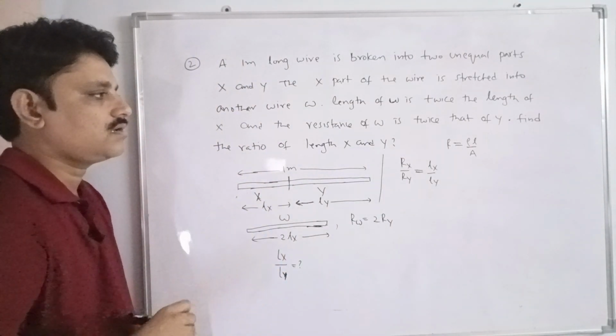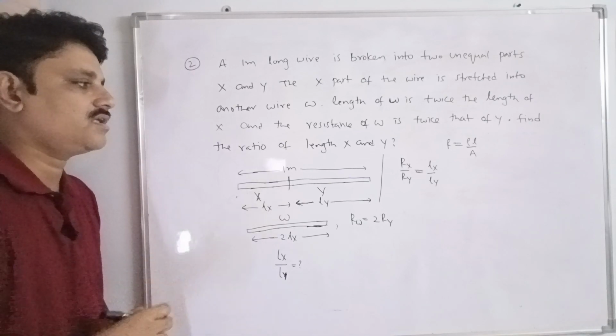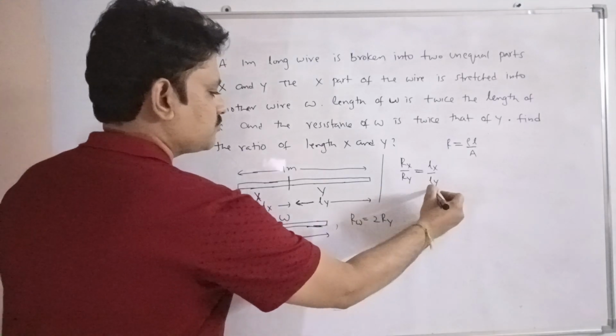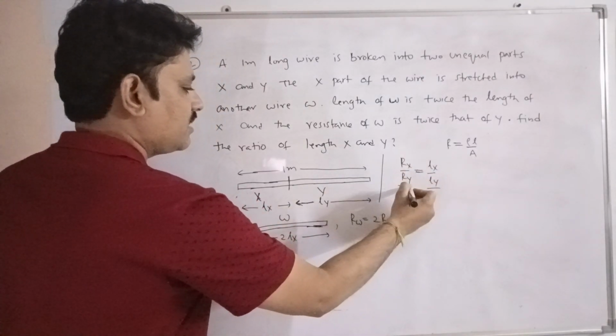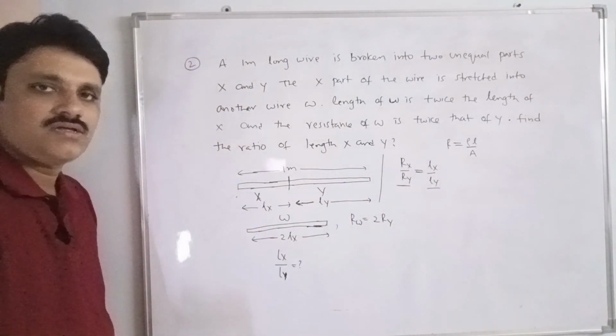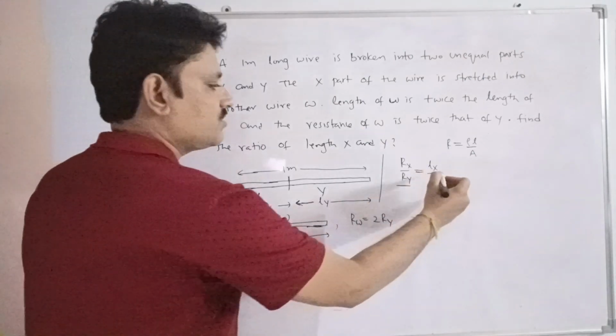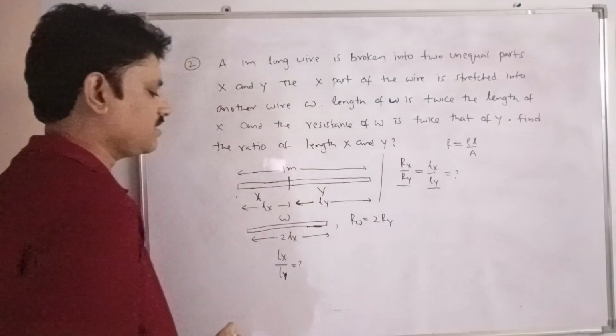So the remaining factors are constant, and Rx by Ry is equal to Lx by Ly. So if you want to calculate Lx by Ly, in place of that if you calculate Rx by Ry, that is enough. So our aim is to calculate Rx by Ry, which is equal to Lx by Ly.